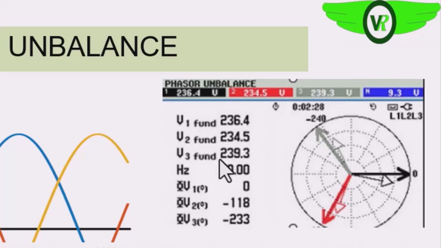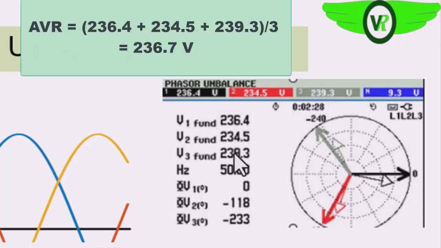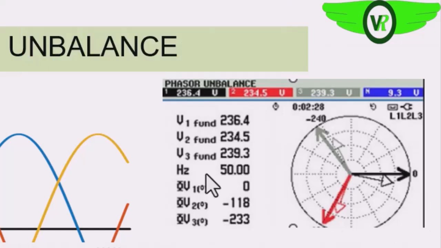Then the third, we have 239.3 volts. So we'll take the average of this, okay, which means that we are going to add all of them together and divide by 3. When we do that, we will get an average of 236.7. 236.7 becomes our average voltage.